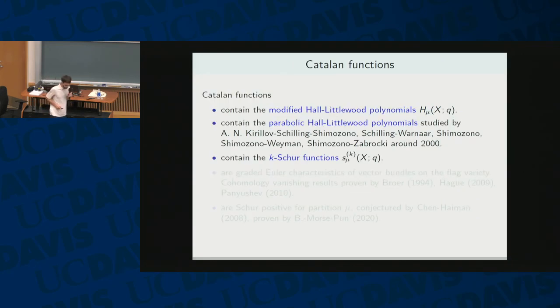All right, so now to give you a brief account of some of the broader context of Catalan functions. As we've seen, they contain the modified Hall-Littlewood polynomials. They also contain parabolic generalizations of these, studied by several groups around 2000.